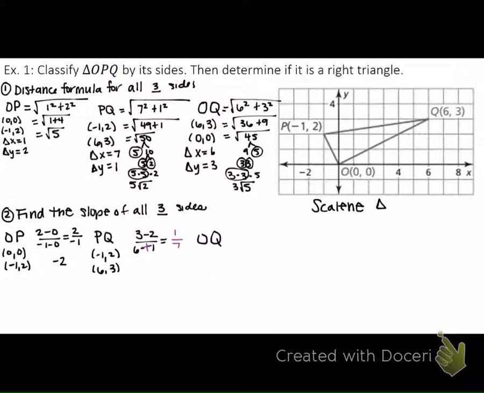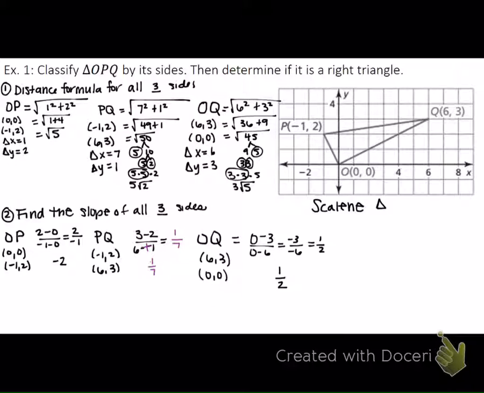So that's 1 over 7. And then OQ, 0 minus 3 over 0 minus 6 is negative 3 over negative 6, which is 1 over 2.